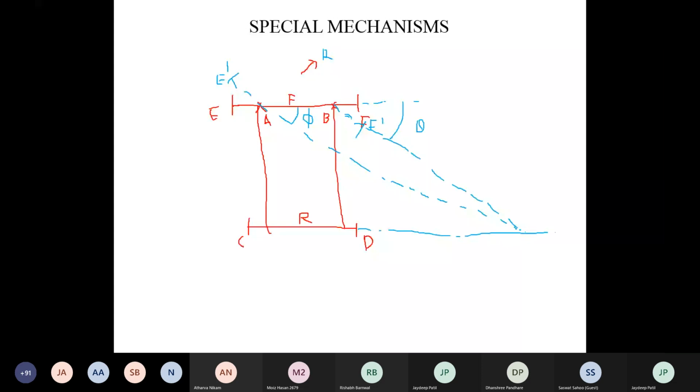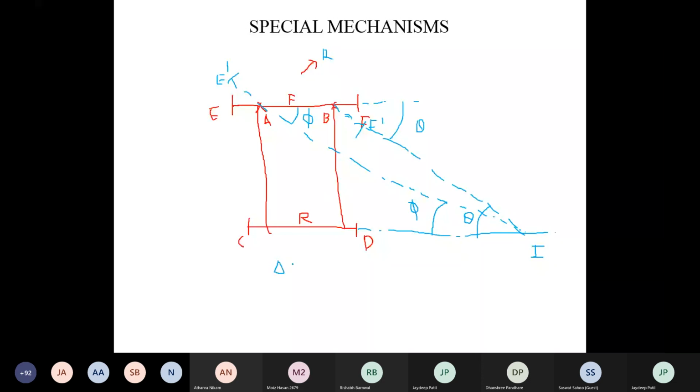Now tell me, this angle is how much? It is phi, right? It is the opposite angle, and this angle is your theta. Correct? Now you will get two right-angle triangles, so you have to consider the two right-angle triangles. Suppose I consider triangle IDB.